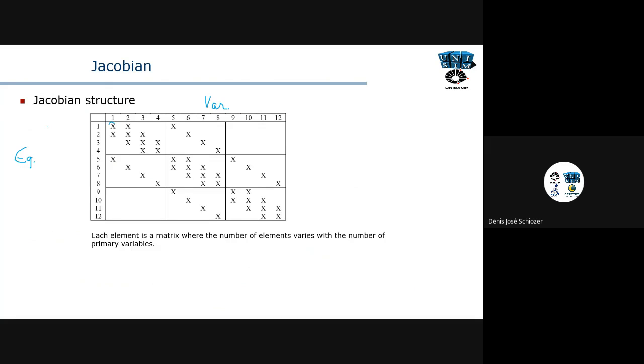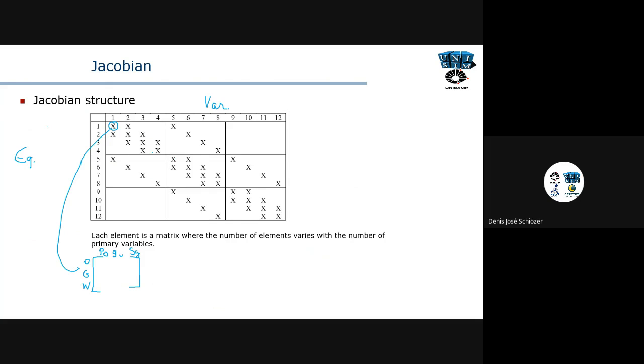And each element here is a 3 by 3 matrix because we have to account for the oil equation, gas equation, and water equation. We have to account for oil pressure, water saturation, and gas saturation, okay? So instead of 12 here, we have 36 variables, because each X here is a 3 by 3 matrix.